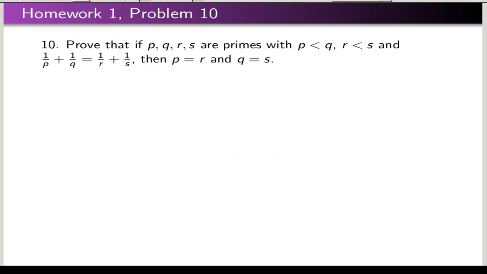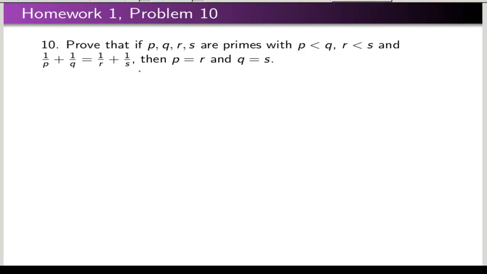And problem 10. Prove that if P, Q, R, and S are primes with P less than Q, R less than S, and 1 over P plus 1 over Q is 1 over R plus 1 over S, then in fact this is exactly the same two fractions we're adding up. So P and R are equal, and Q and S have to be equal.